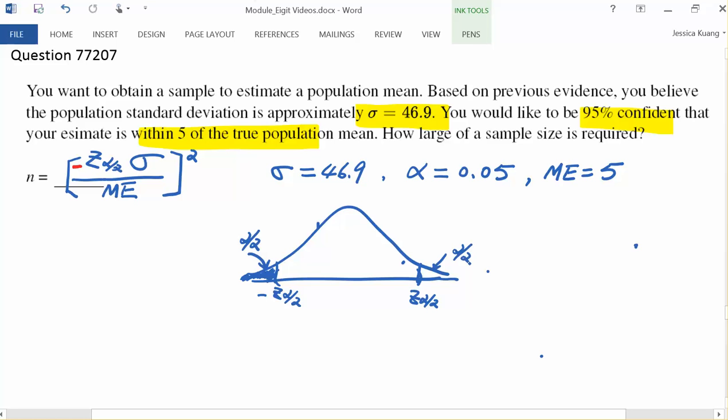That's why we divide by 2, because we have two areas. If you are given the area to the left, we can use inverse norm to find negative Z alpha over 2. So the entire thing, including the negative sign, equals inverse norm.